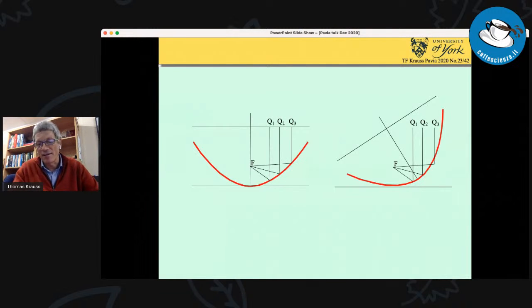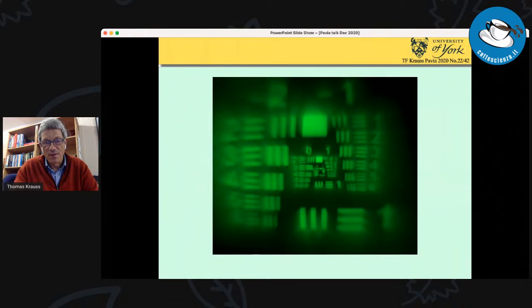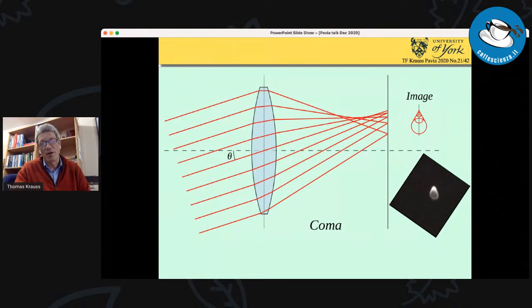It reflects behind the mirror, which is clearly not possible. So what really happens is this: the outer ray doesn't go into the focal point. This is a very Mickey Mouse explanation of this coma effect. It's the same idea, right? The outer rays don't quite behave as you want them to, and that gives you this coma effect.